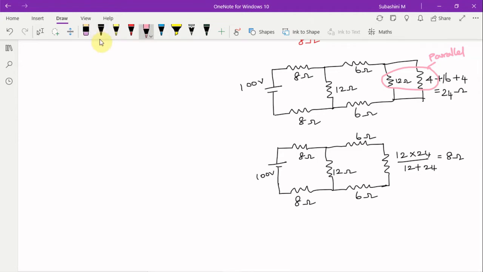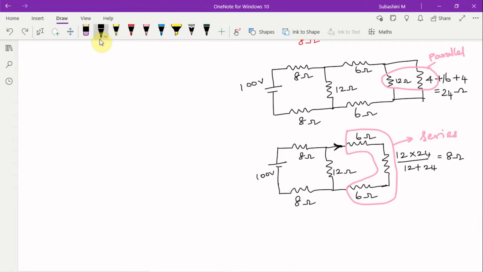Now you can see that the 6 ohm resistor, 8 ohm resistor and this 6 ohm resistor are all connected in series. How do we come to the conclusion that they are in series? When a current enters here, the same current flows through the 6 ohm resistor, the 8 ohm resistor and the other 6 ohm resistor.